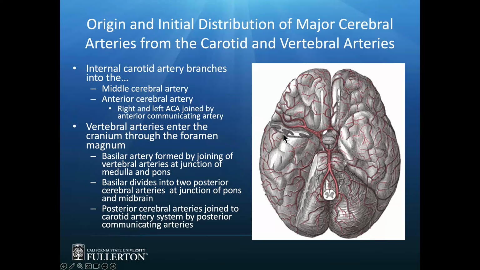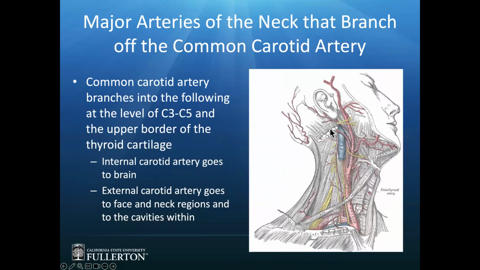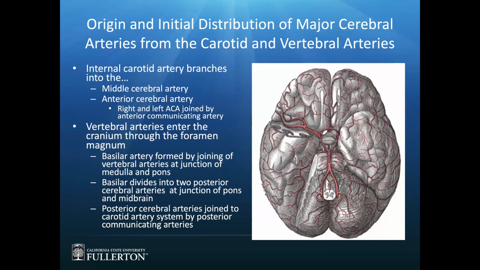Over here on your left, my left, the anterior pole of the temporal lobe has been cut and removed so that we can see that middle cerebral artery coursing outward through the sylvian fissure until it gets to the side of the brain and then branching off into something that supplies a big territory of the brain. I want to point out one more detail, and then we're going to have to look at different views in order to see this whole system.